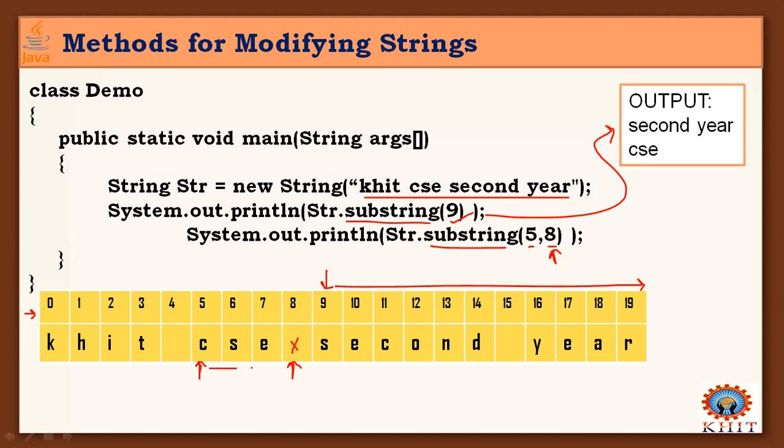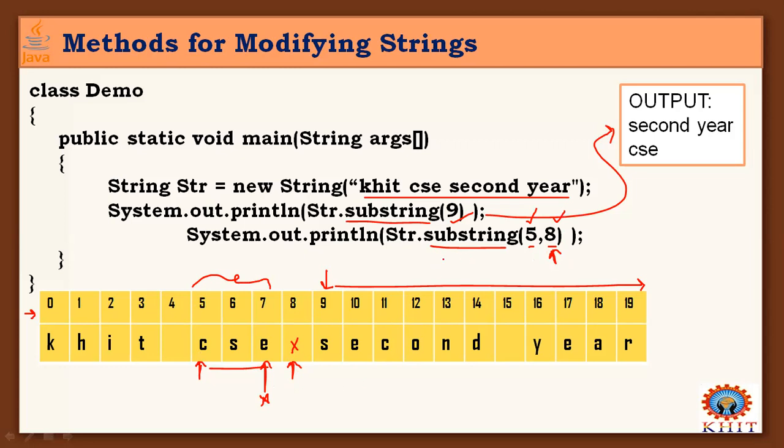It displays the characters 5, 6, 7, 8. At position 8, it stops the extraction process. To extract this CSC, I have given the index 5, 8, not 5 to 7. When you give 7, this E will not be printed. Why? Because this is the stopping point. It stops the process at this index when extracting the substring.